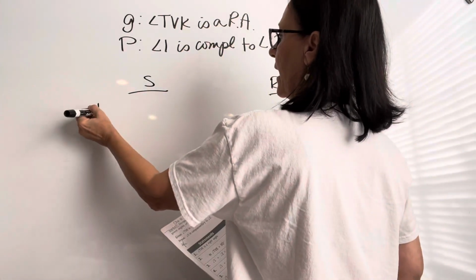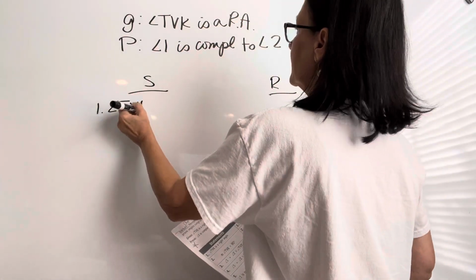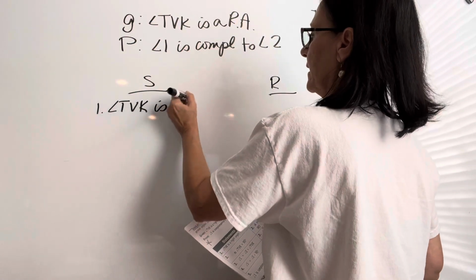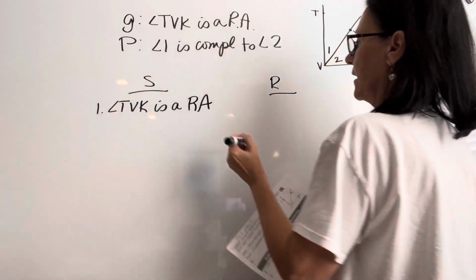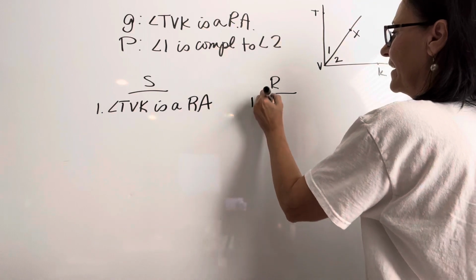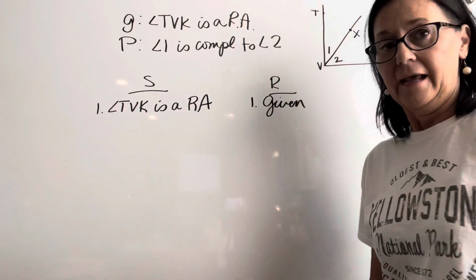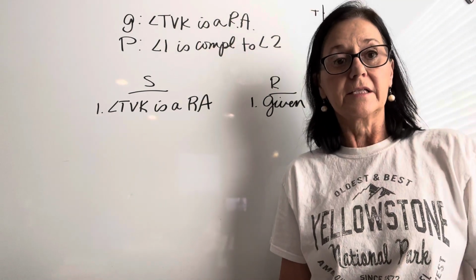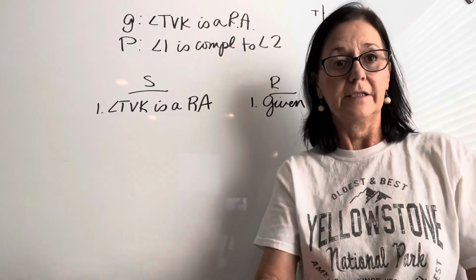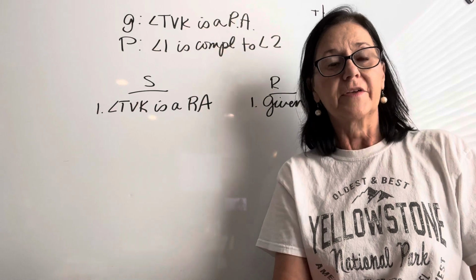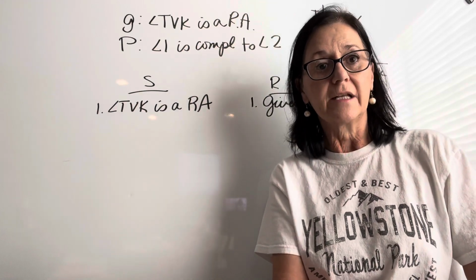The first thing I write is what is given. TVK is a right angle. Why? Given. All right. Now, this next statement is going to sound redundant, but the sum of complementary angles is 90 degrees.